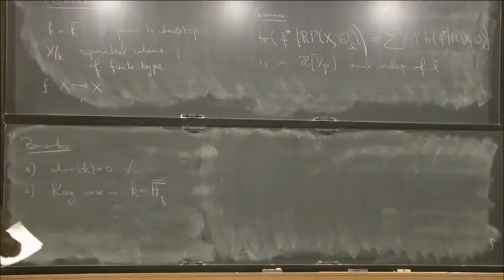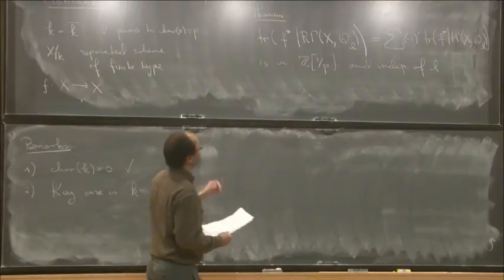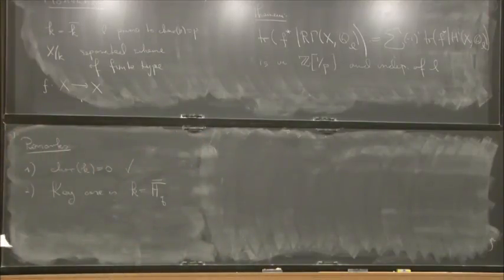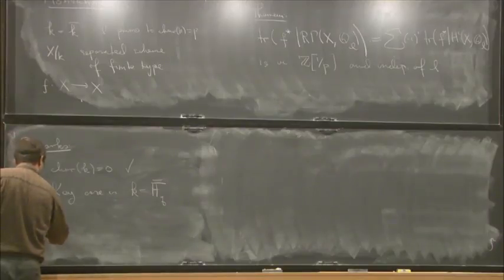And I mean, many cases are known. So for example, if X is proper and smooth, then this is the Lefschetz trace formula. And so a number of cases. Let me just mention one case.